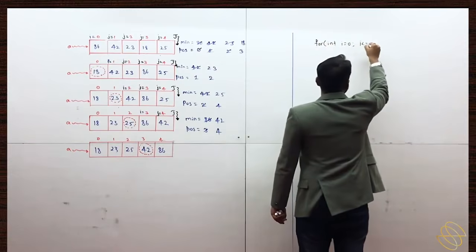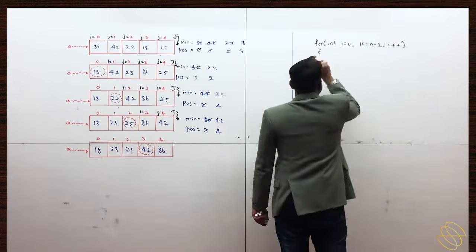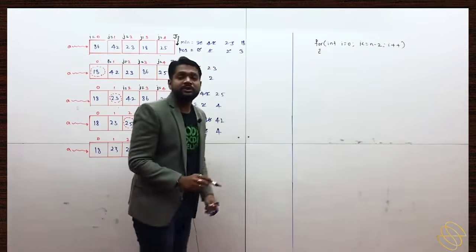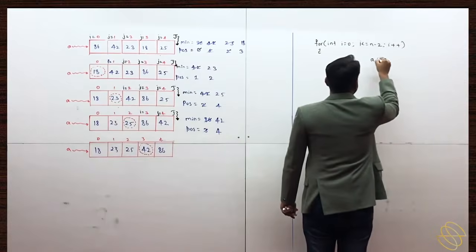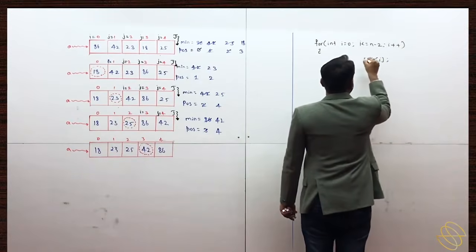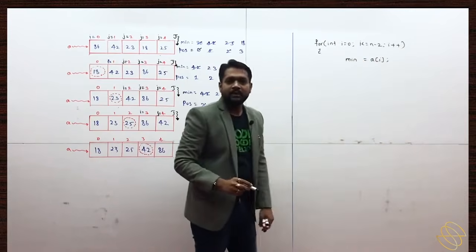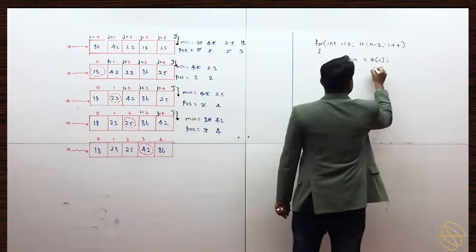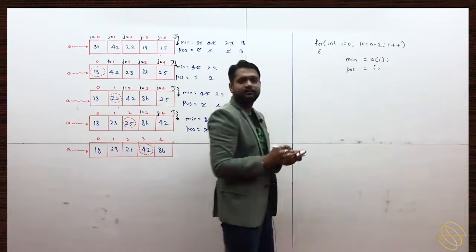Go until I less than or equals to n minus 2, every time I plus plus. What did we do initially? Nothing great we did. Whatever is there in array of I, that only we assumed as minimum. Its position that is present in I, we gave it to POS. That is what we did.